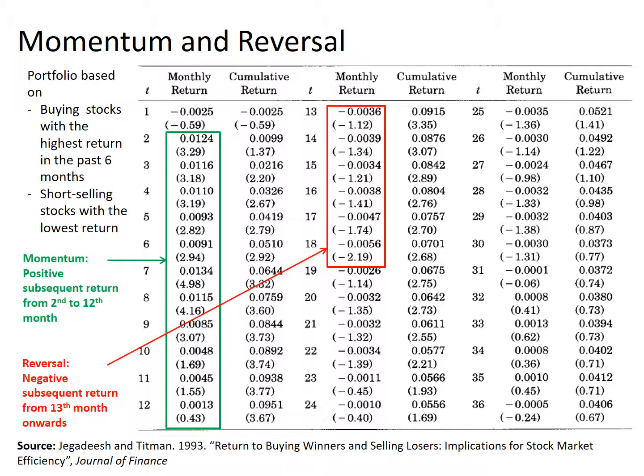So if you hold your stocks for 2 years based on a momentum strategy, the cumulative return would be statistically indifferent from zero. Within 2 years though, the cumulative return is still statistically significant.